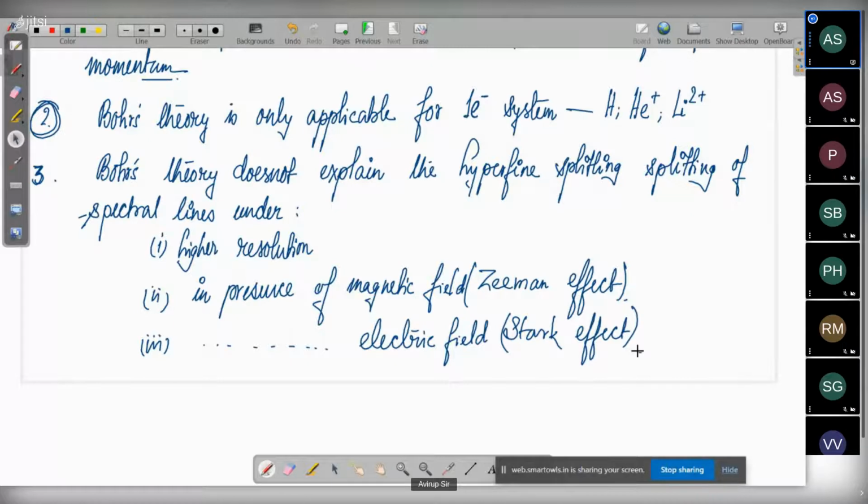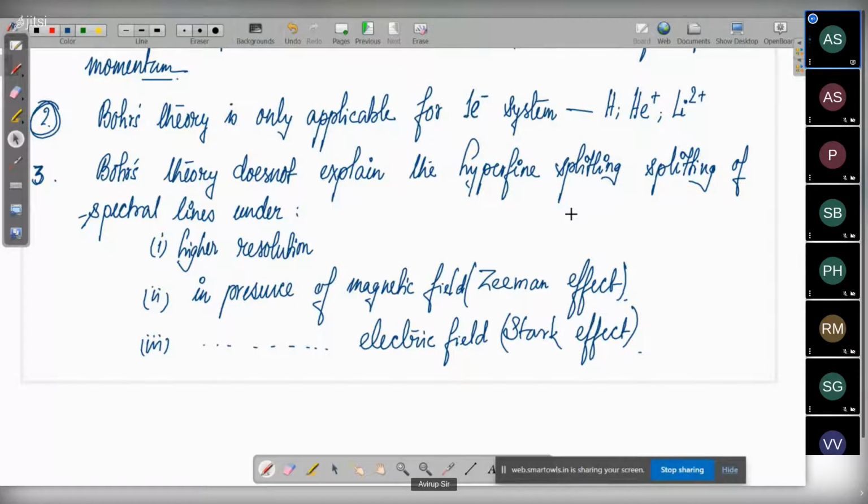Okay. So, we had already known from the basics that spectral lines undergo splitting. But now we are getting to see that there are even more splittings inside the spectral line.